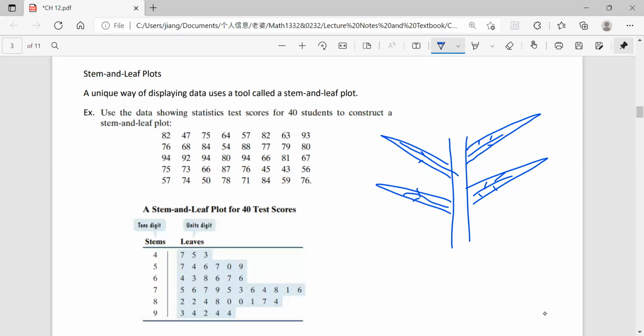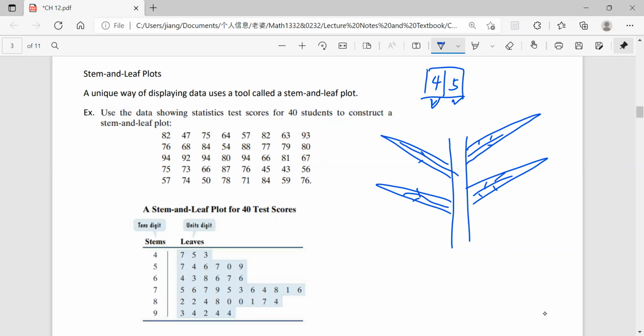And if I have a lot of data, I can list them by 2 digits. For example, I have 45. So 40, that's the tens digit, 5 is the unit digit. So in the stem and leaf plot, this method, I list the tens digit on the stem part.